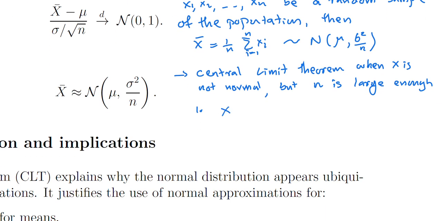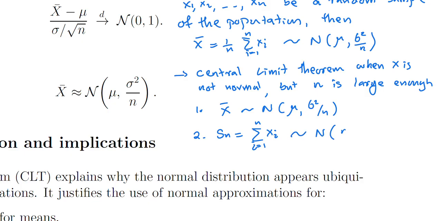One is that the sample mean X bar is normally distributed with mean mu and variance sigma squared over n. Second is that the sum of the Xi's is also normally distributed with mean n times mu and variance n times sigma squared. This is only true when n is large enough, usually n larger than 30.